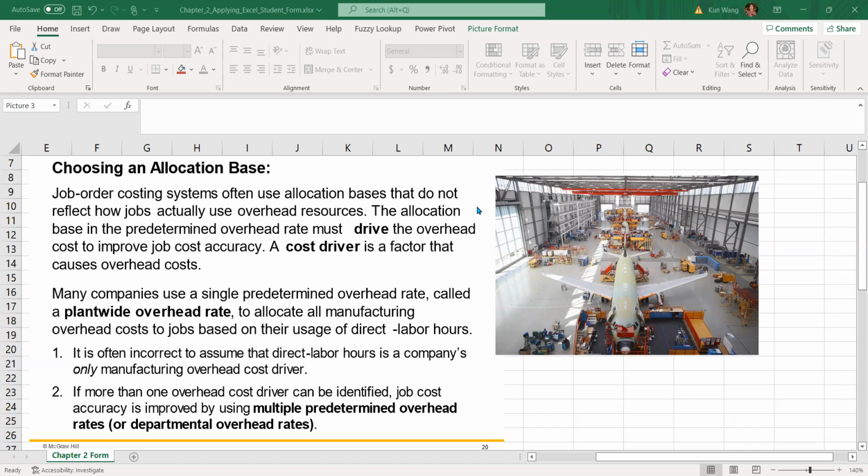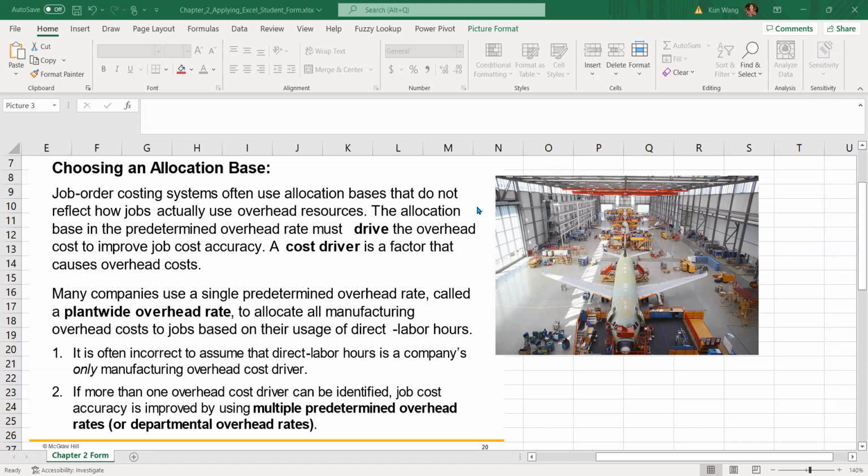In this case, a better solution for the overhead allocation is using a departmental overhead rate. That means for each department or process, we identify the most related cost driver for that department and use that cost driver to allocate the overhead for that department only.